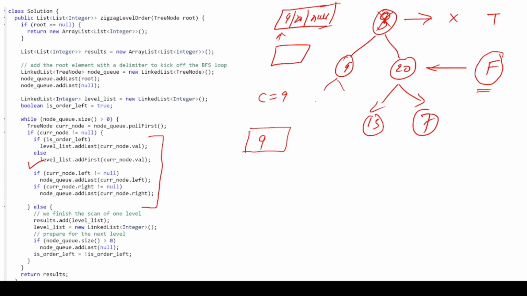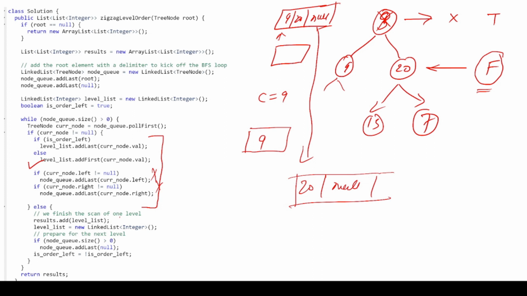Its children are nothing but null, so we will not add these elements. Now our queue becomes 20 and null, and there is no element to add since it is null, but we will keep this data in the queue.